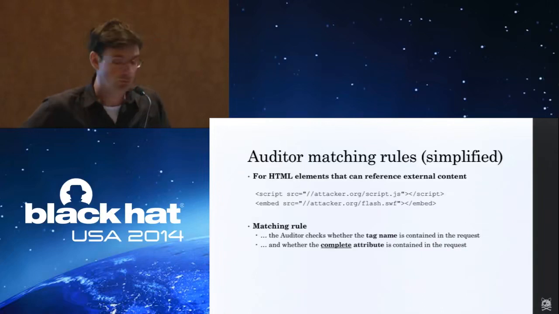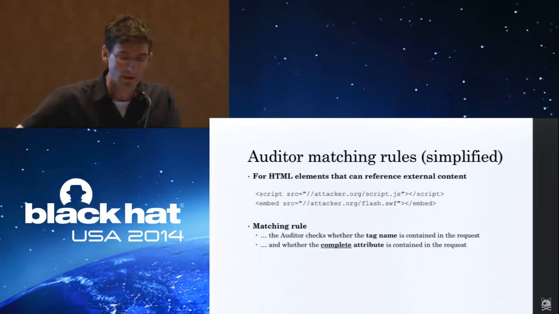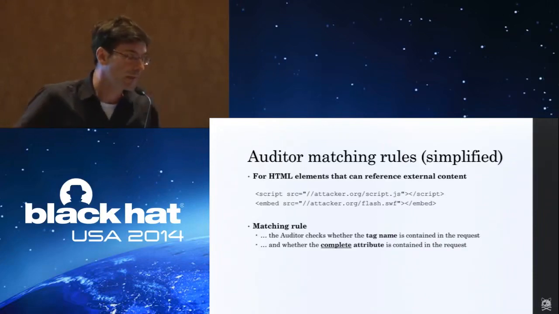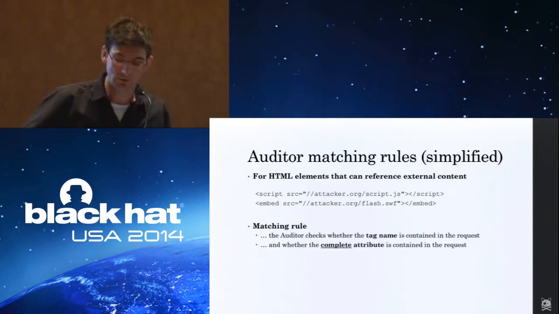The third matching rule is for HTML elements that can load active content over the network, something like script tags with a source attribute, which then creates an HTTP request that gets the JavaScript from a remote server. The same is true for embed, object and applet, all the tags that load plugin data from other servers.